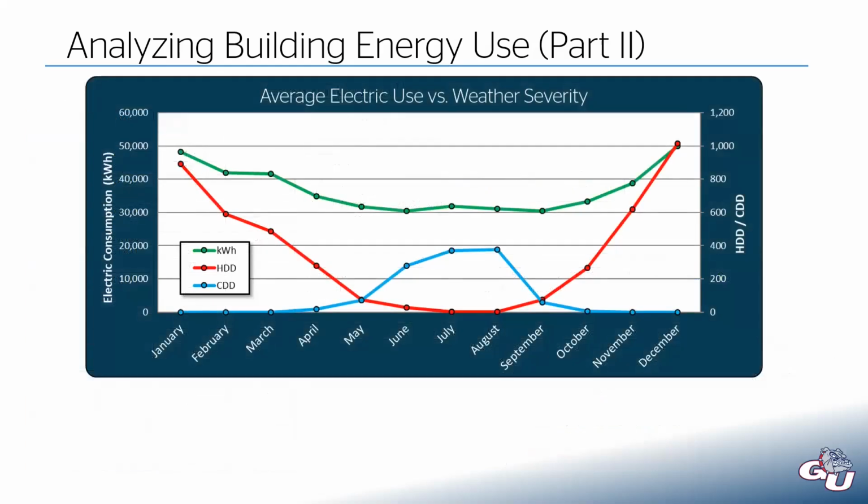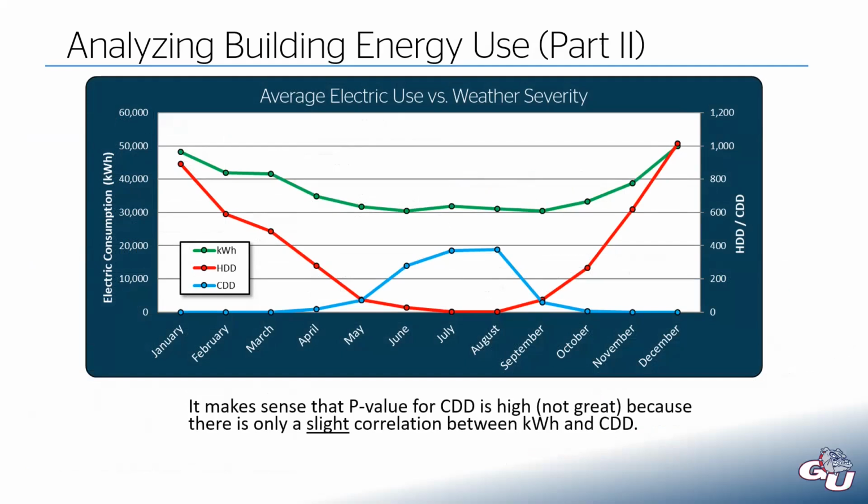Looking back at that usage plotted against the heating and cooling degree days, it makes a lot of sense that the p-value for cooling degree days is high, which is not what we want, because there is only a slight correlation here. We do see a slight bump in electric use based on the cooling degree days, but it's only a very slight increase.